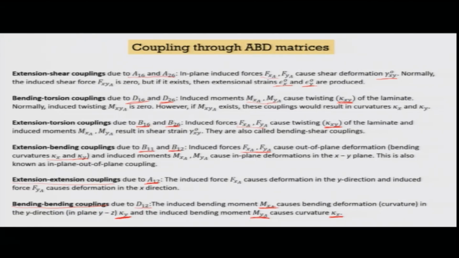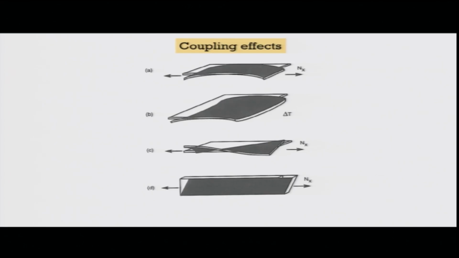So, this is the entire coupling picture, and we have to keep in mind which term is responsible for what. There is some of this coupling effect, as you can see. Try to identify which one is creating what.